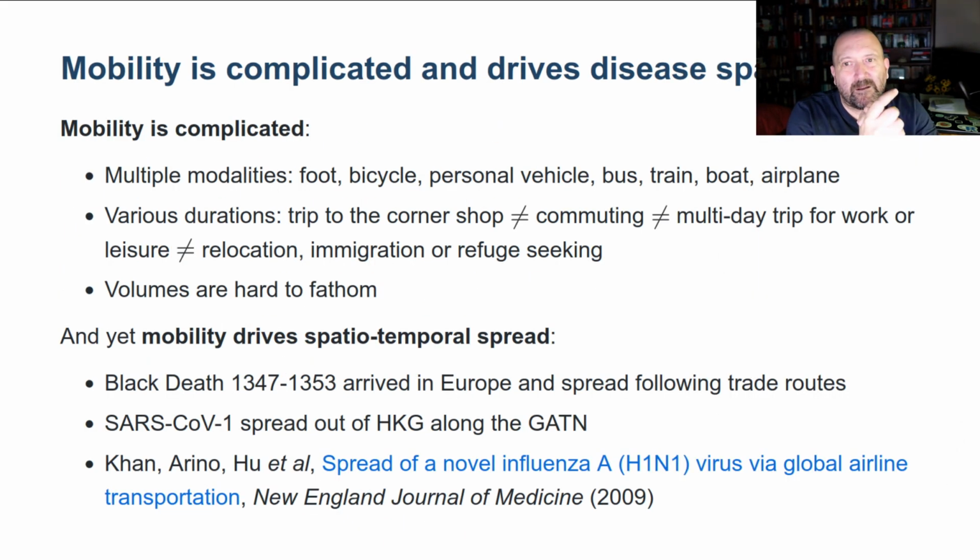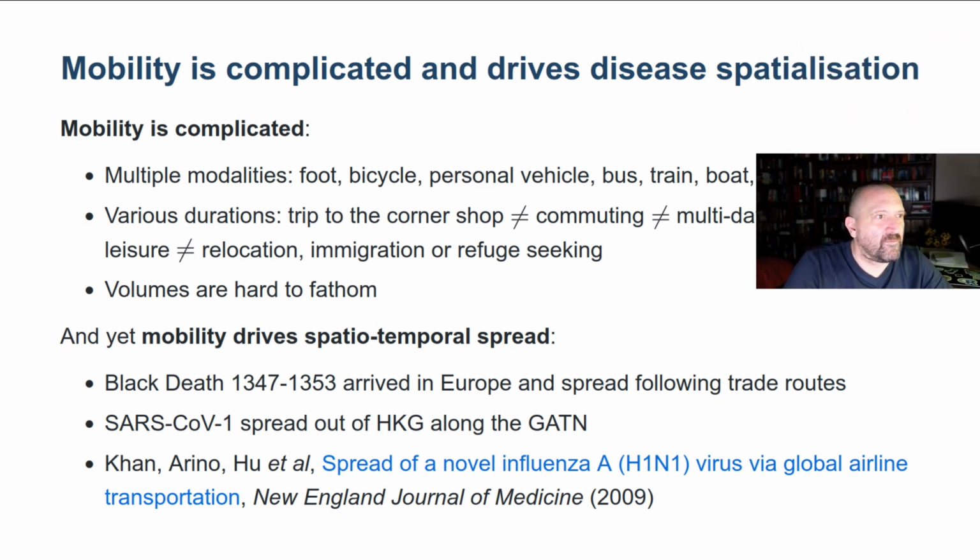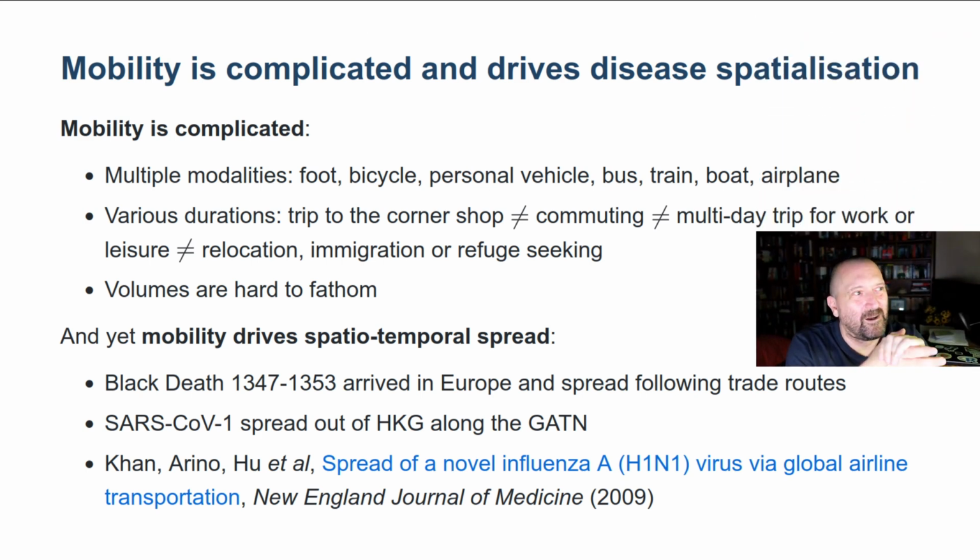Now, why is mobility important? I'm going to call mobility anything that involves people moving around. Okay, and I'm going to try to convince you over the next few minutes that mobility is really important.